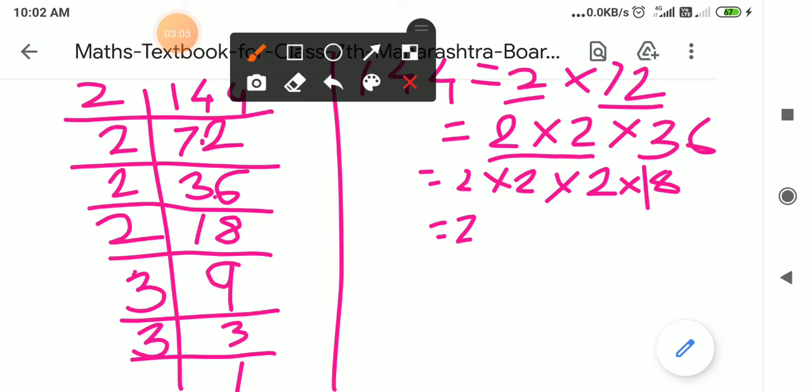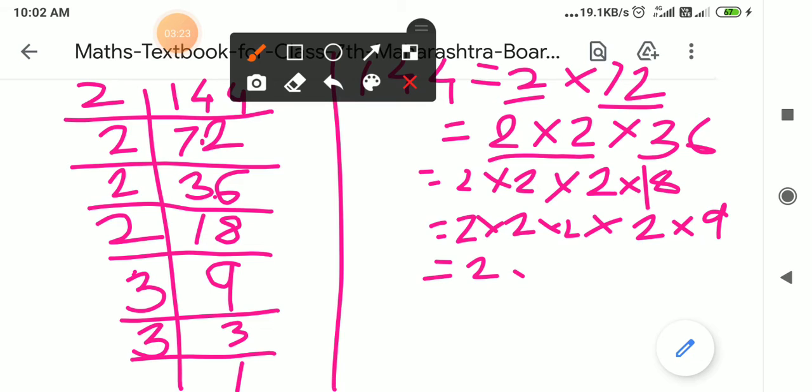So here 2 into 2 into 2 and 18 means what? 9 2s are 18. Or you can write here 2 into 9. Right? Now these all 4 2s, because these are prime numbers, they are not divisible. Now we cannot find the factors of these because they are prime numbers. So 2 into 2 into 2 into 2 and 9 means what?